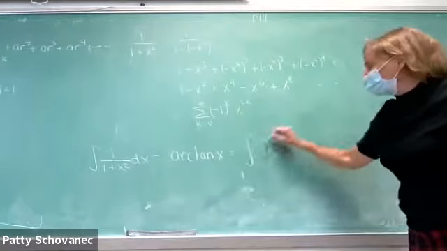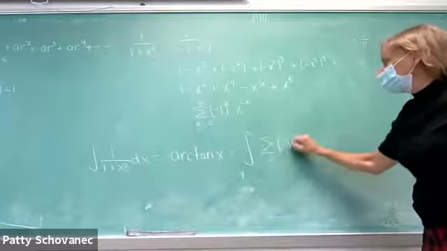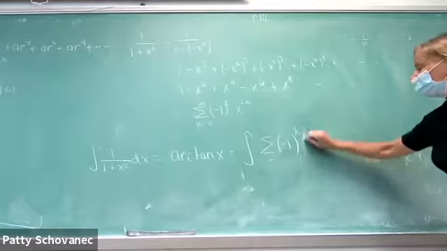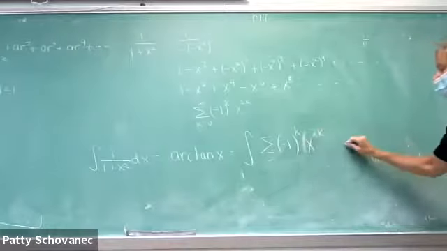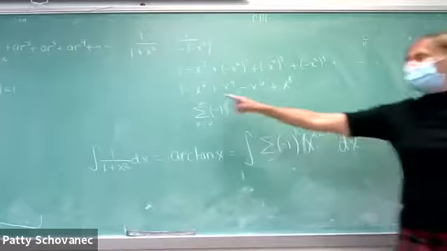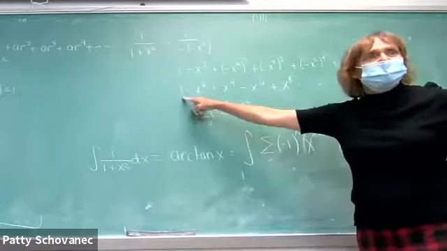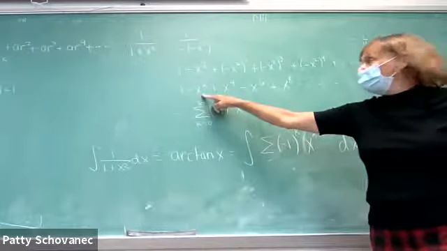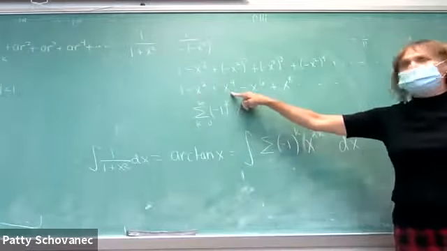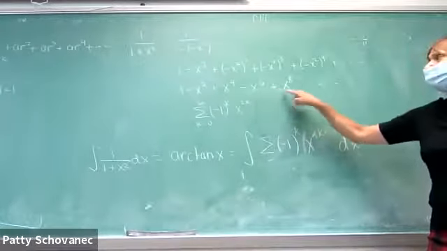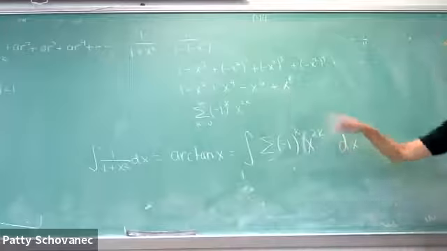It's the integral of each of these terms. If I integrate that, I get x. If I integrate this, I get minus x cubed over 3, plus x to the 5th over 5, minus x to the 7th over 7, plus x to the 9th over 9.